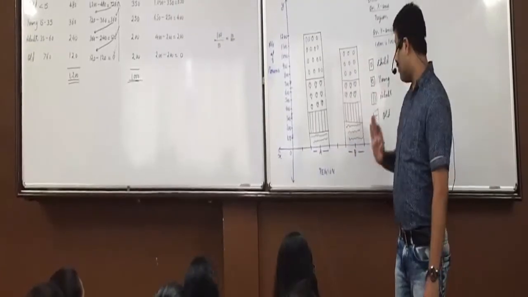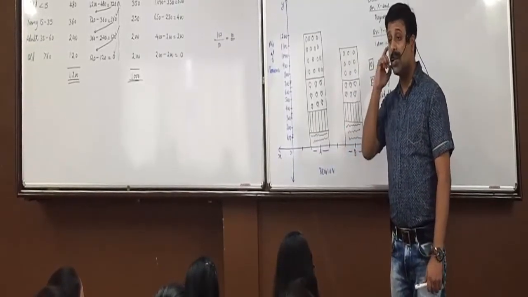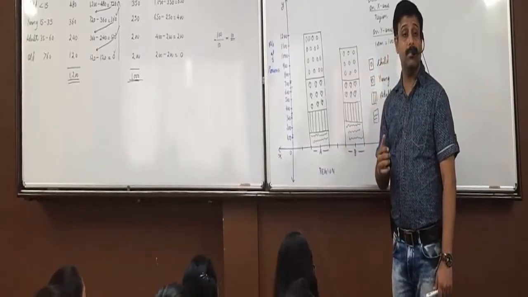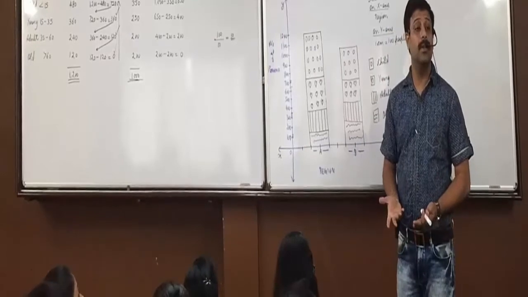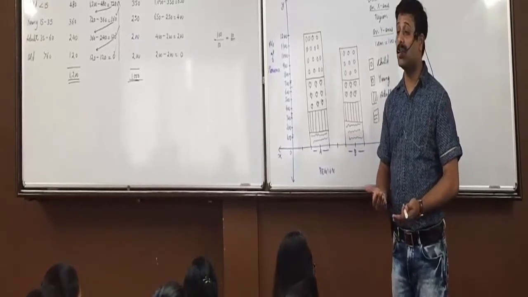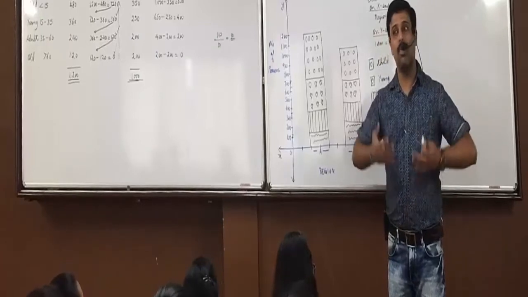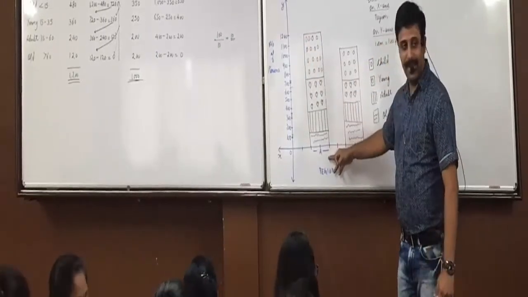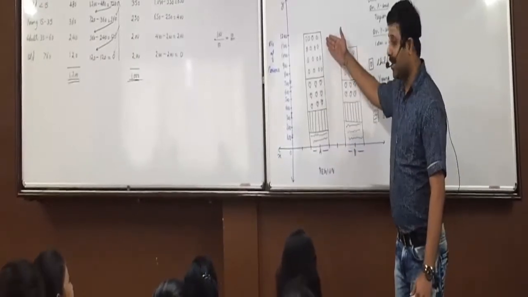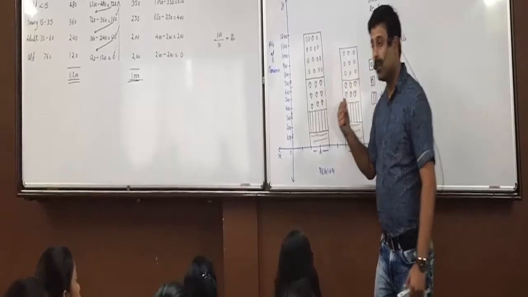You cannot say compared to Nepal there is more population in India. It will be more only. You cannot say compared to Nepal there are more children in India. It will be more only. Because India's population is also huge. So region A, if the people are more, then adults will also be more.